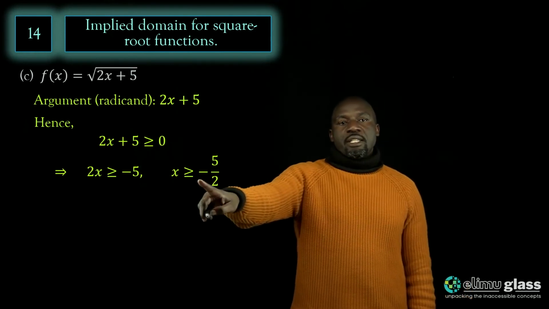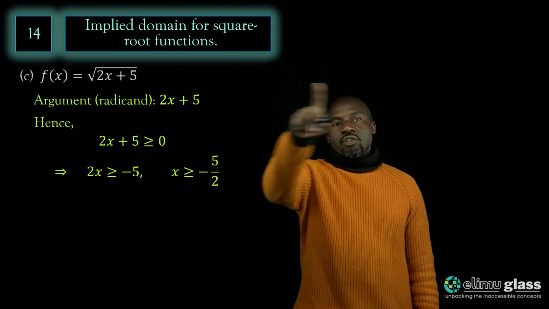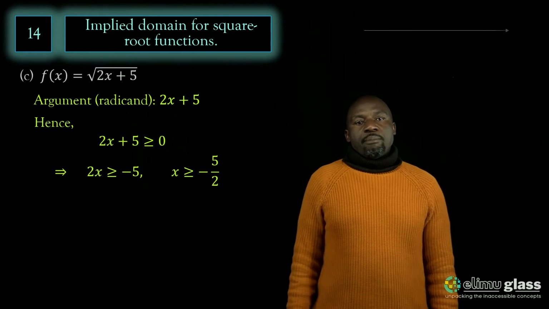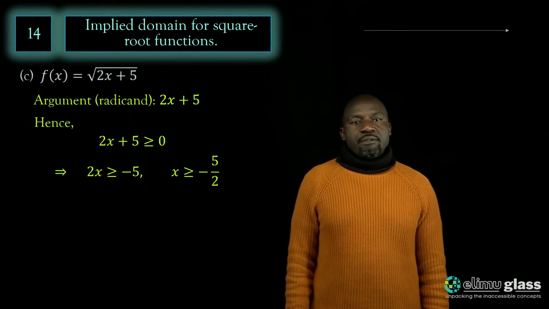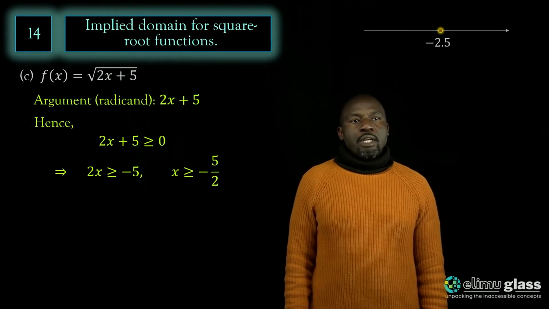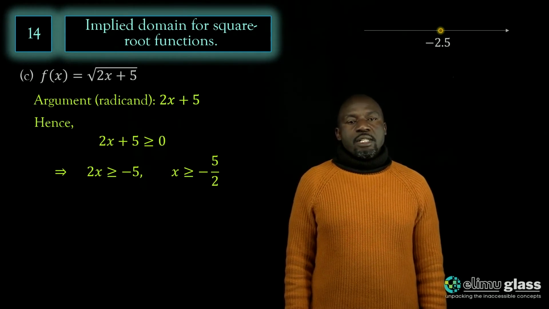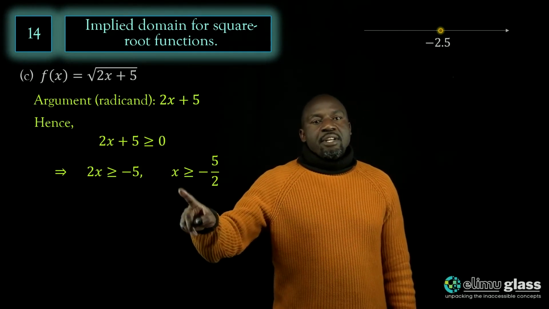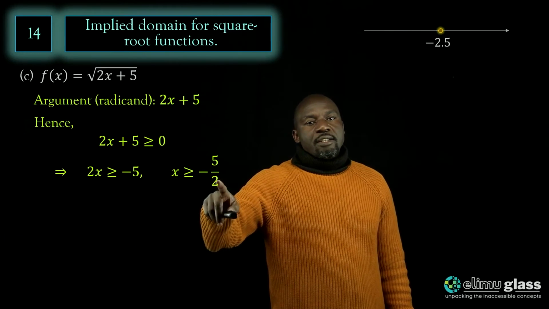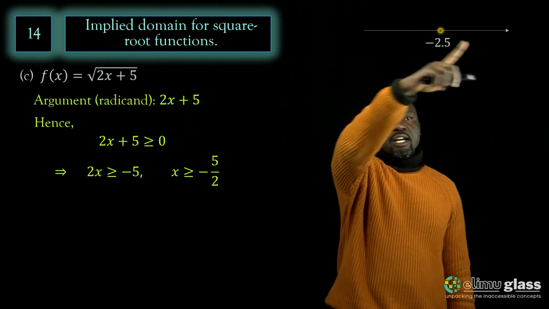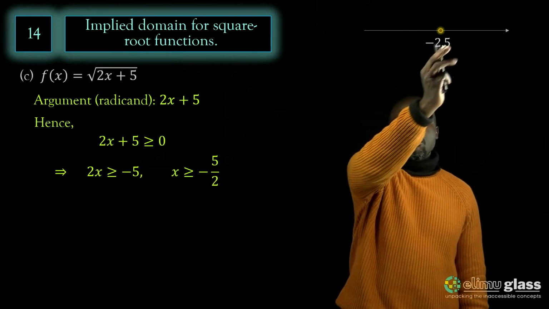Before we do that, let's see which side this graph is on. So we do a number line there and place x being negative 2.5, negative 5 over 2 if you want, and x is greater than this. So that means the value of x has to be on that side. So the graph must occupy that side.